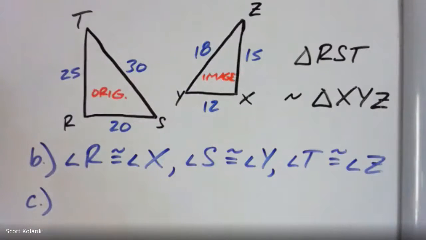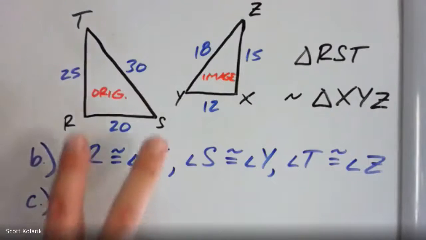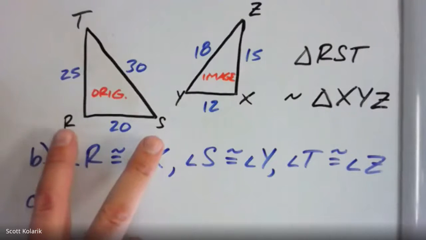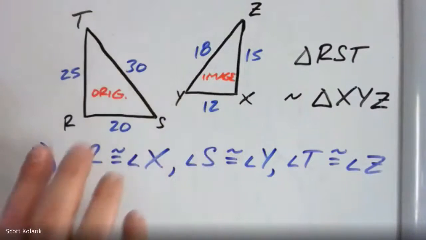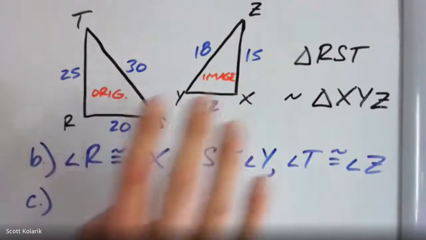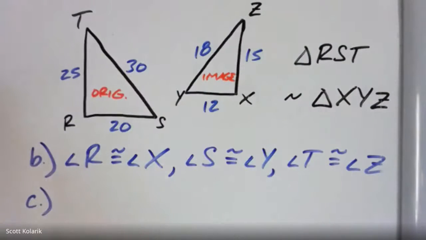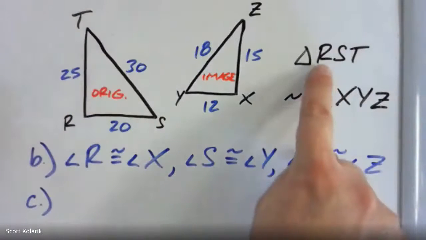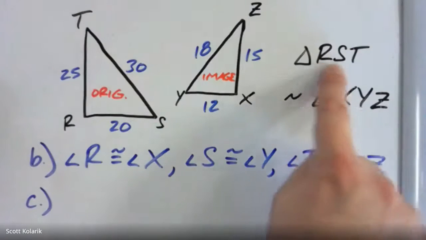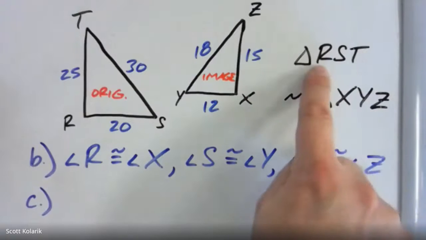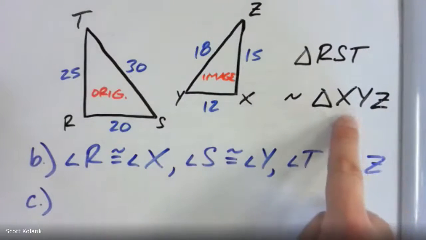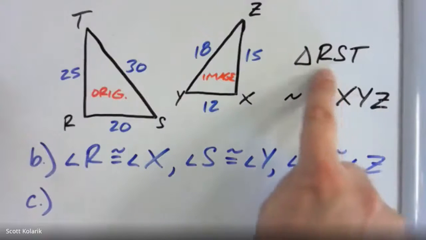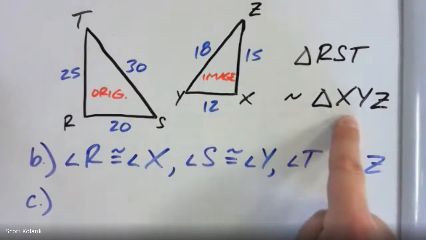In any case, I need to figure out which side RS corresponds to here. In this case, it might be simple enough to identify which piece corresponds to which, but my massive hint is that I can again just go in order. So RS, the first two letters here, has to correspond to the first two letters here: RS corresponds to XY.